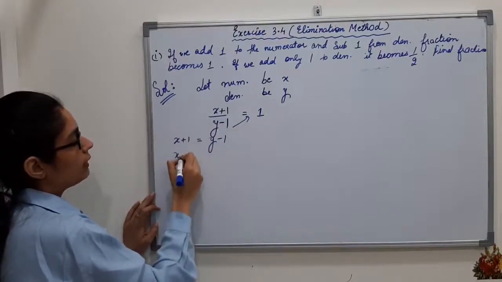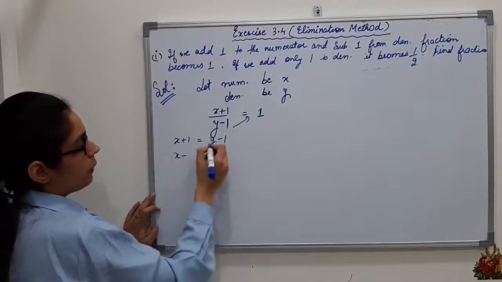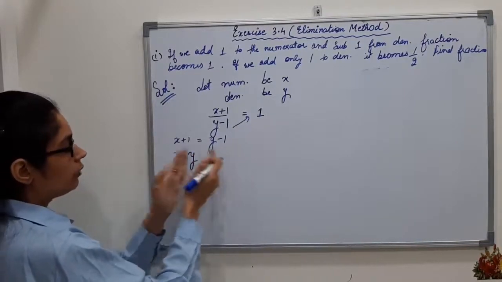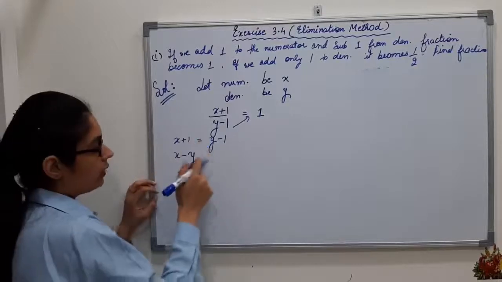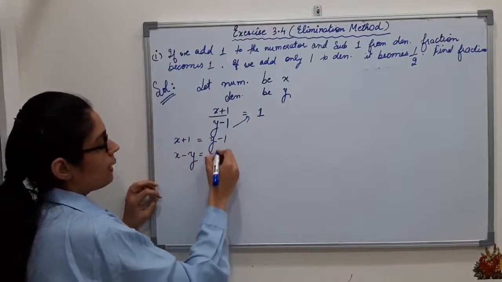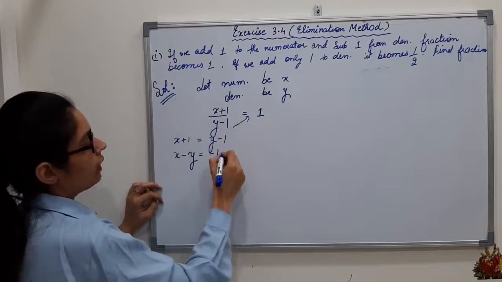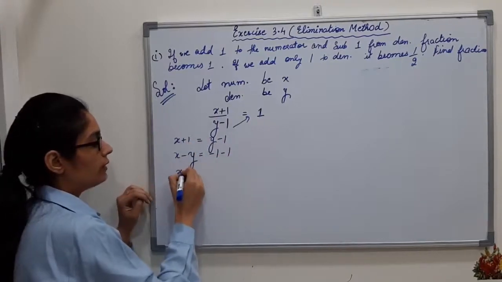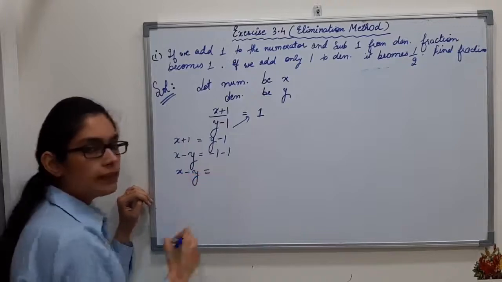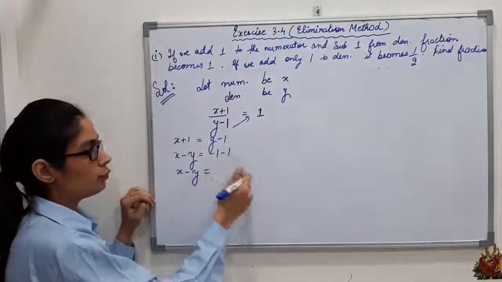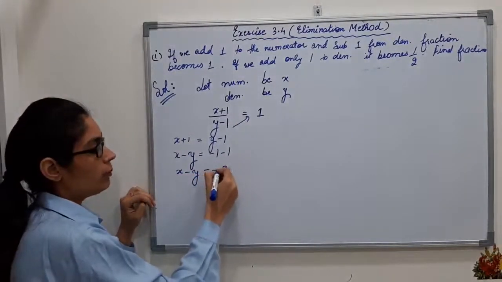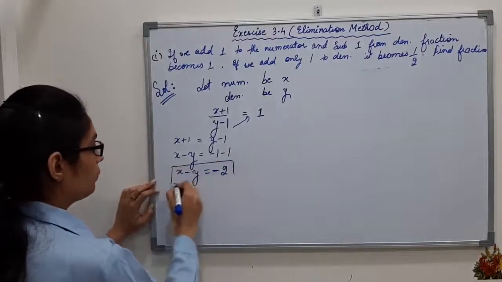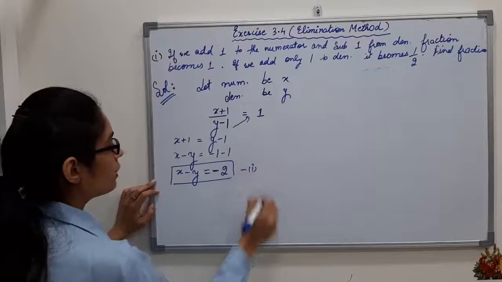So I will write x minus y, because I am shifting y from that side to this side. This is plus y, here it will become minus y minus 1. This minus 1 I will shift to this side. It will also become minus 1. So x minus y, minus and minus is plus. So 1 plus 1 is 2 with a minus sign. So this is my first equation.